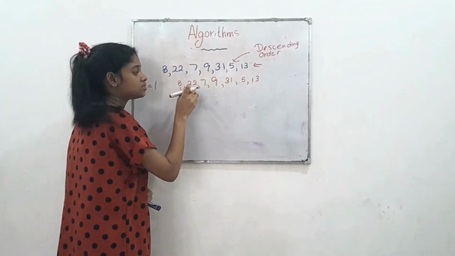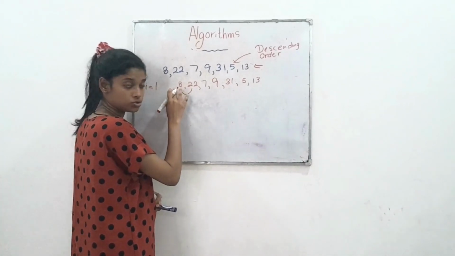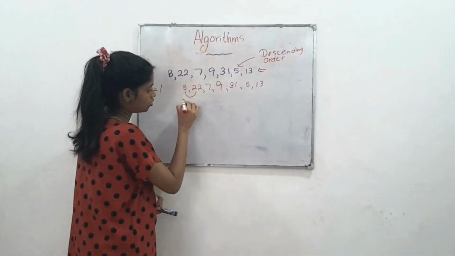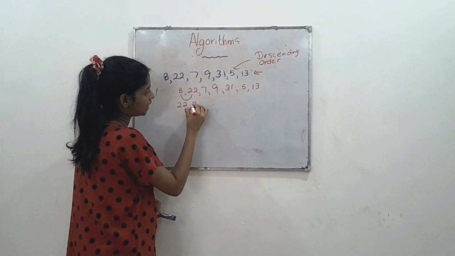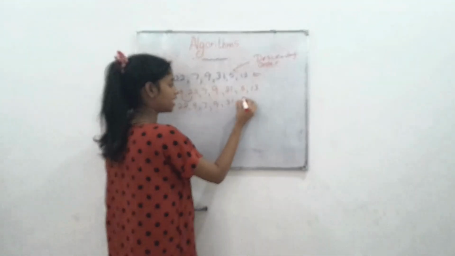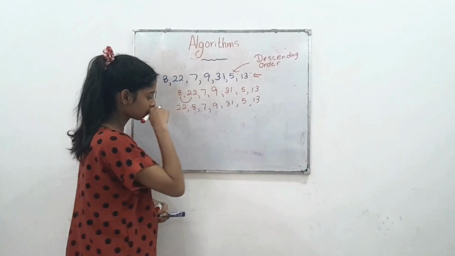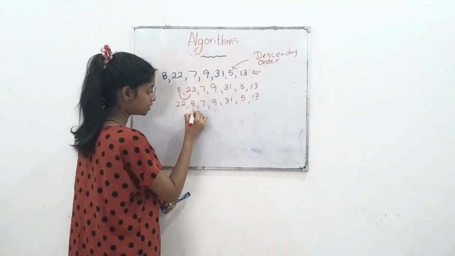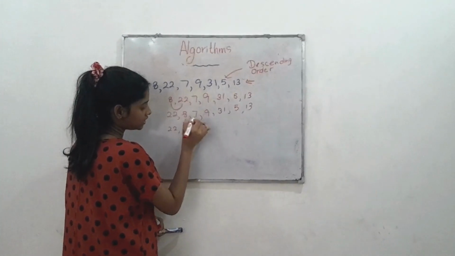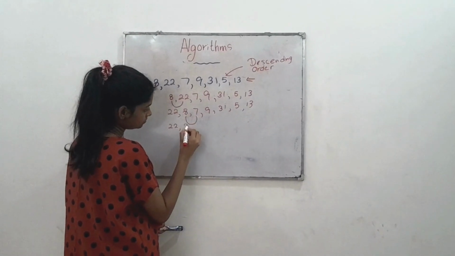Now first we check these two. Obviously 22 is larger than 8, so we swap these together. So 22, 8, 7, 9, 31, 5, 30. Next you have to check these two. No change because 8 is larger than 7.